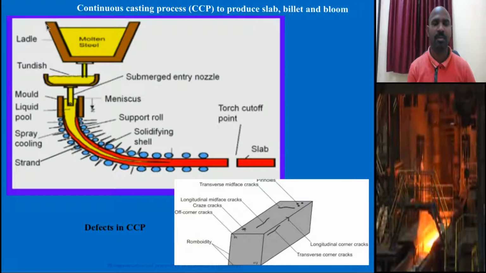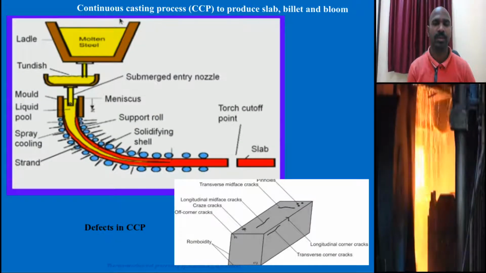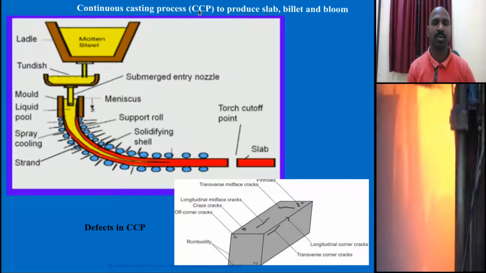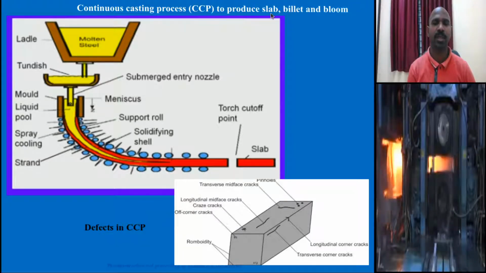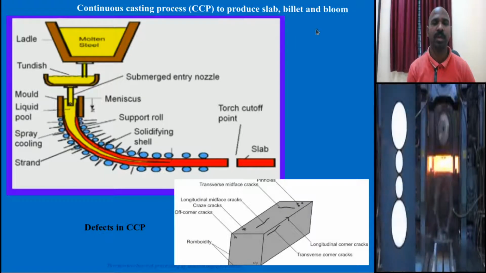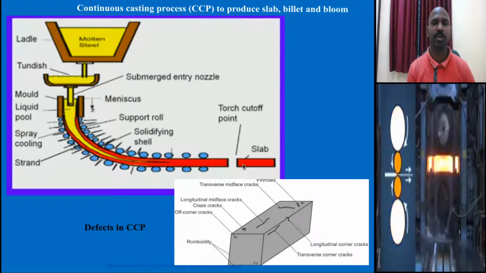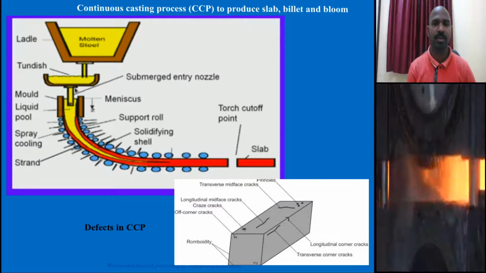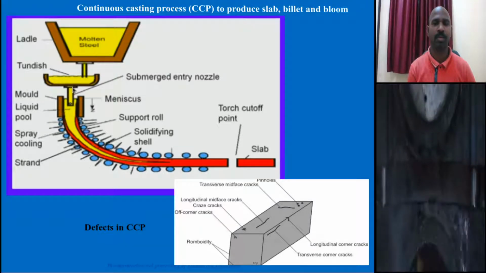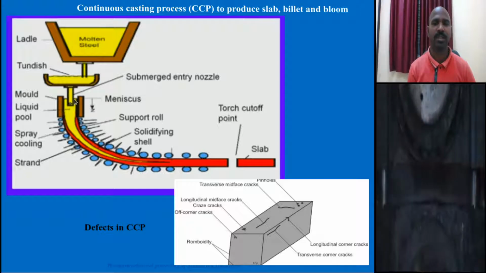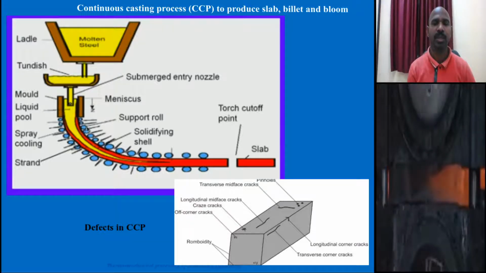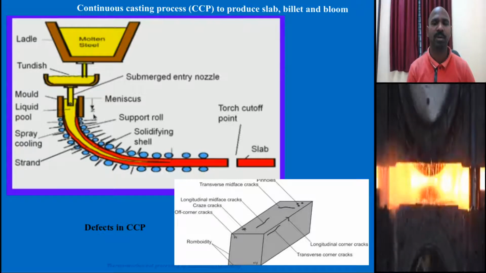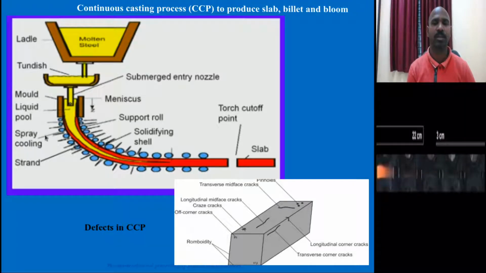The other casting process adopted in an integrated steel plant is the continuous casting process, which produces the slab, billet and bloom. For example, in slab production by continuous casting, you take molten metal in the ladle, allow it to fill the tundish, and then into the mold, with rolls operating and simultaneous primary and secondary cooling on the strand.